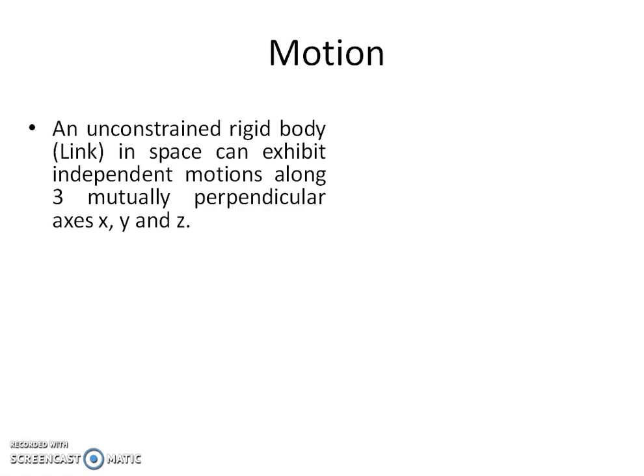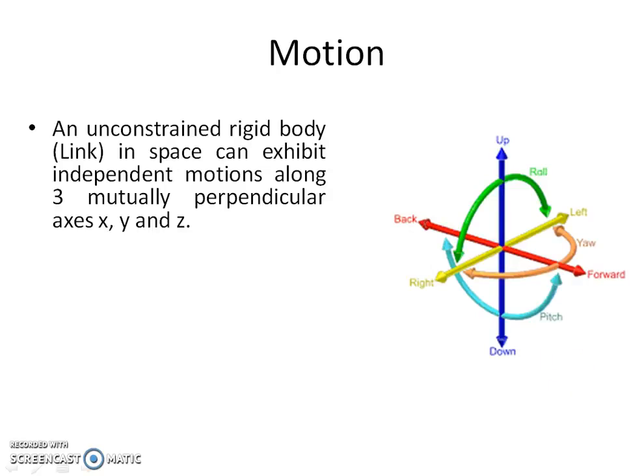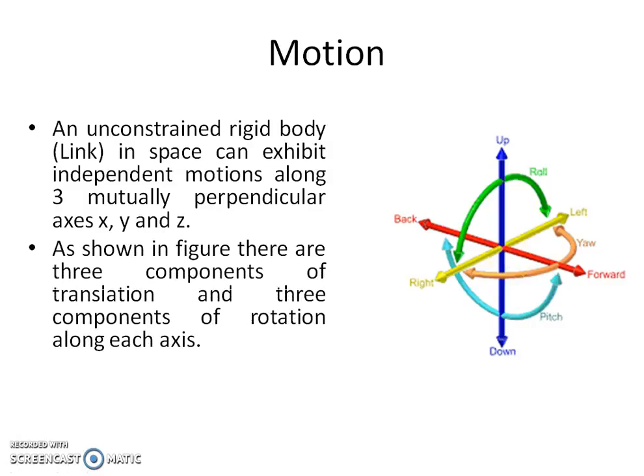Any body in space can exhibit three independent motions along three mutually perpendicular axes, namely x, y and z. The figure over here shows the different axes and the translatory and rotary motions that can be made possible along these axes.